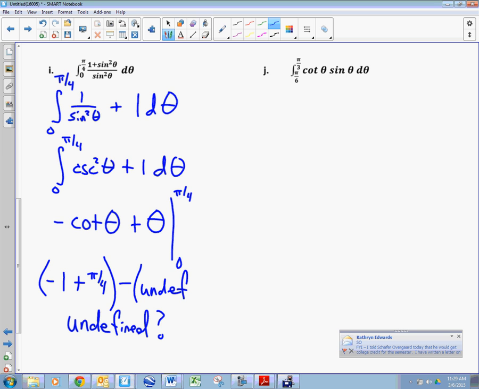Okay? All right, so our last example. Pi over 6 to pi over 3 of cotangent sine. Yes.